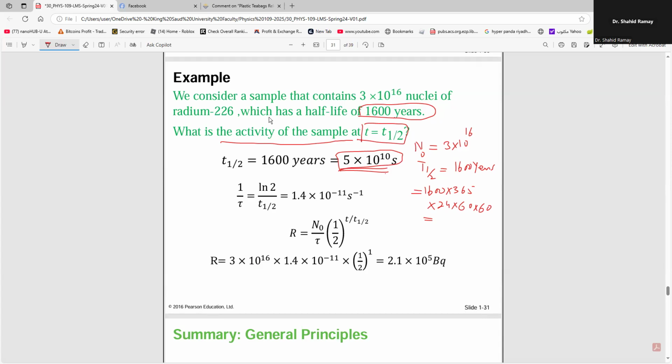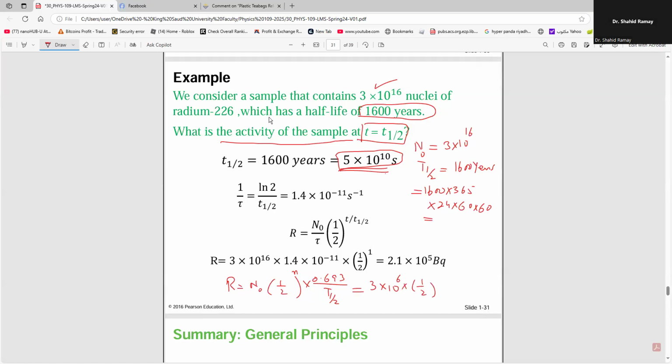To solve this problem very easily, you should apply this formula: R is equal to N naught into 1 by 2 to the power n into 0.693 over T half. Now I am putting in the values. N naught is what? 3 into 10 raised to power 16, this value. So 3 into 10 raised to power 16 into 1 by 2 to the power n.